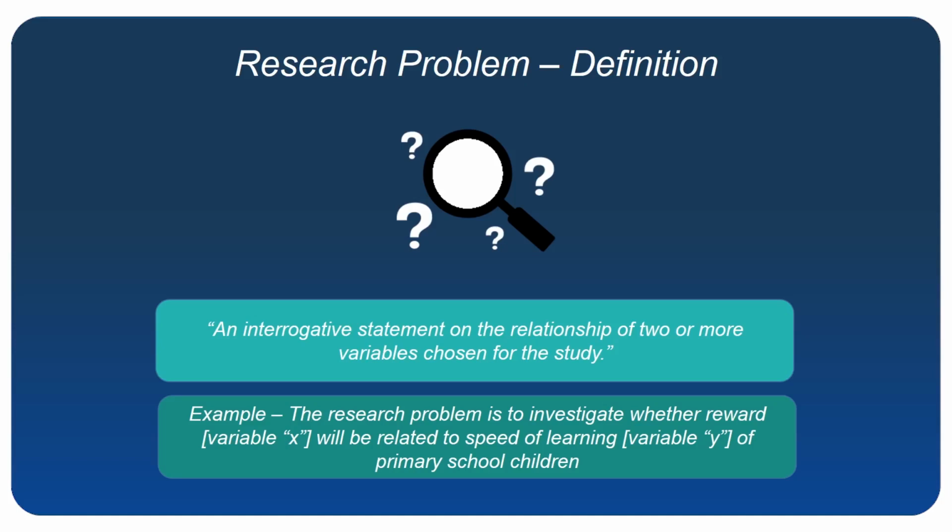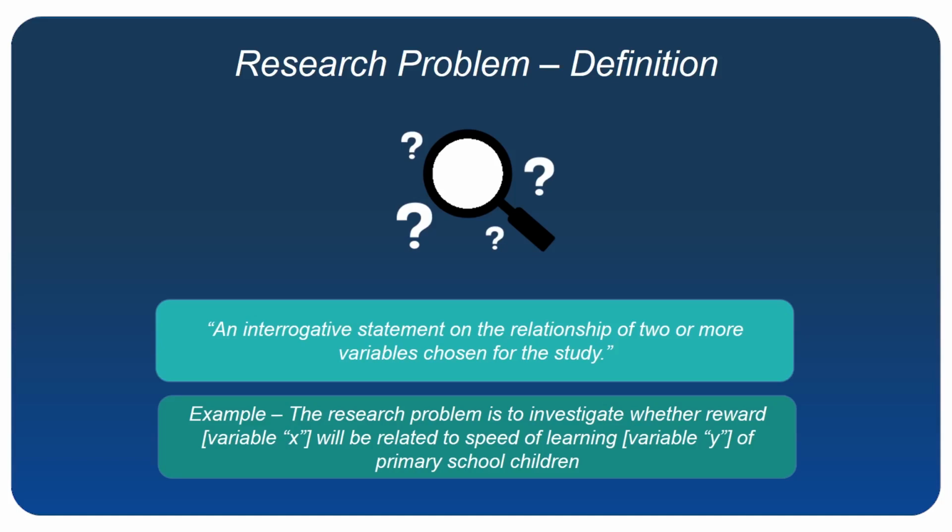It may look like an oxymoron, but when you look at the example that I am giving you, the research problem is to investigate whether variable x, in this context reward, will be related to speed of learning, which is called variable y, of primary school children. So when you look into this research problem statement, one question becomes fairly visible.